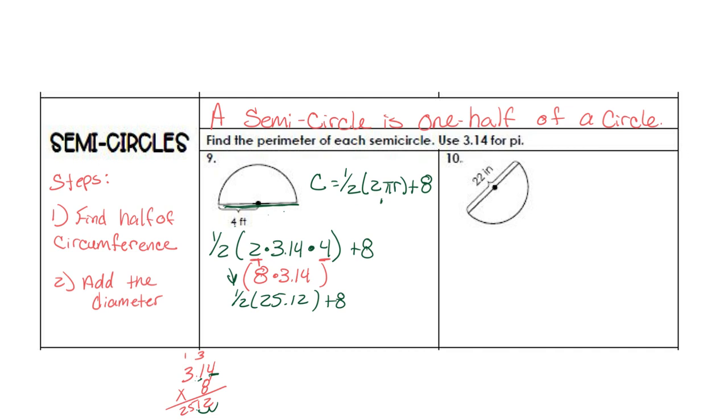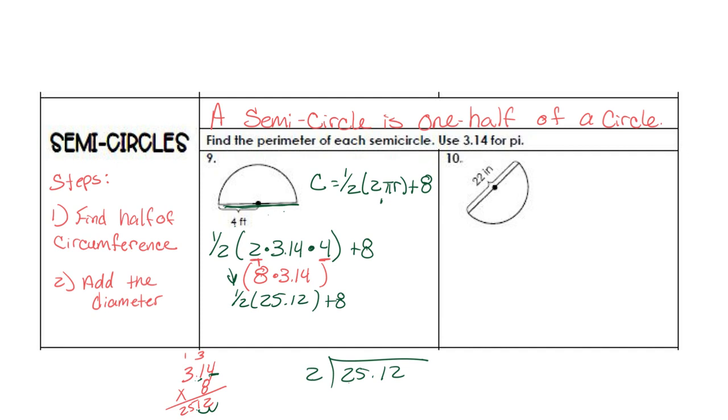I can turn 1/2 into a decimal, which I know is 0.5, or I know that multiplying anything by 1/2 is the same as dividing it by 2. I can do that either way you want to. I would rather divide it by 2.